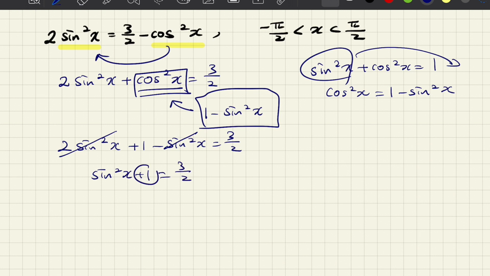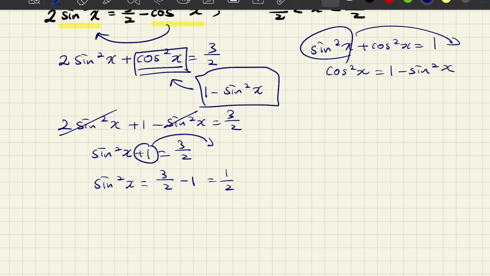And I can move plus 1 to the other side. Then we get sine square x equals 3 over 2 minus 1, which is equal to 1 over 2. Then we know that, because we can square root both sides, sine x is equal to 1 over square root 2.